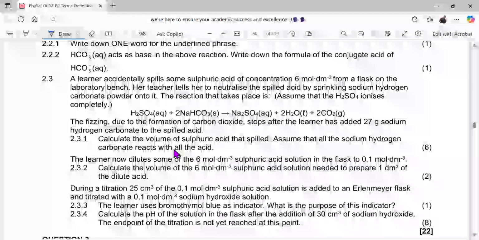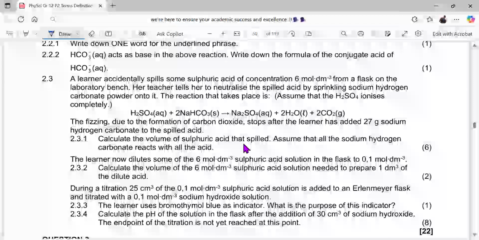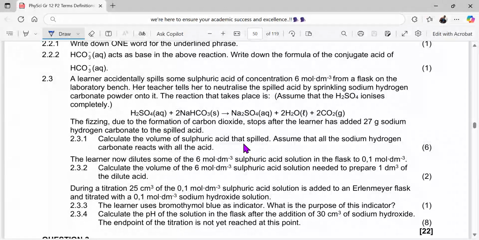During a titration, 25 cubic centimeter of the 0.1 mole per cubic decimeter sulfuric acid solution is added to an Erlenmeyer flask and titrated with a 0.3 sodium hydroxide solution.